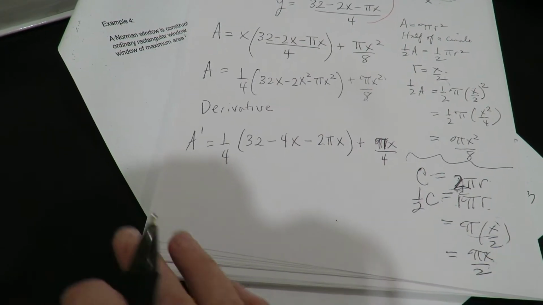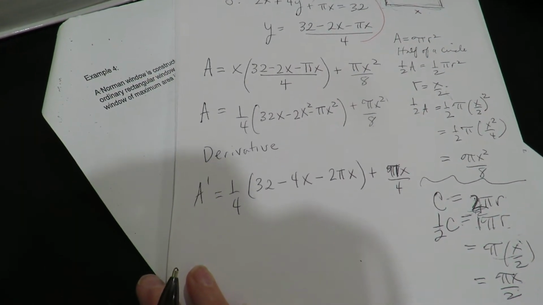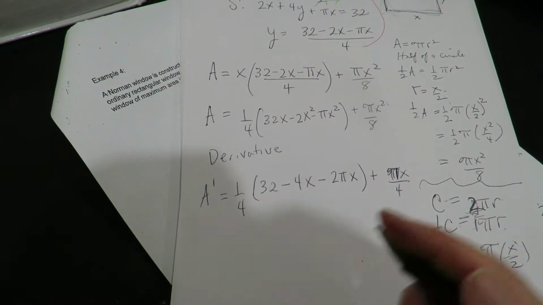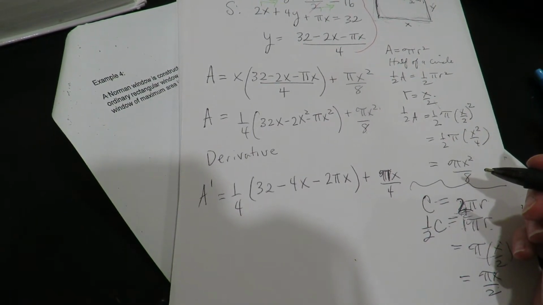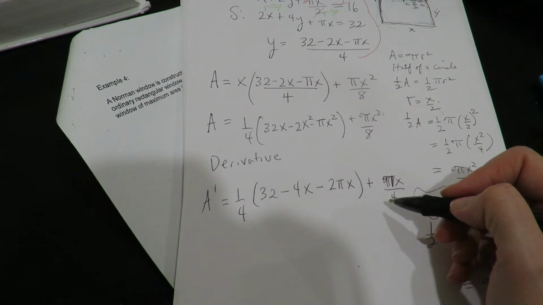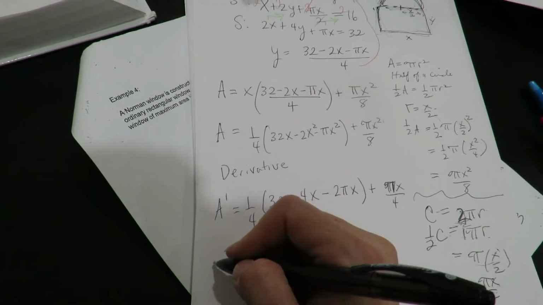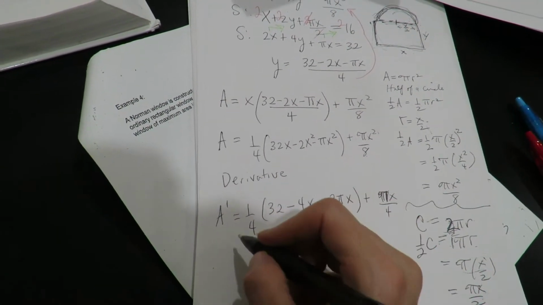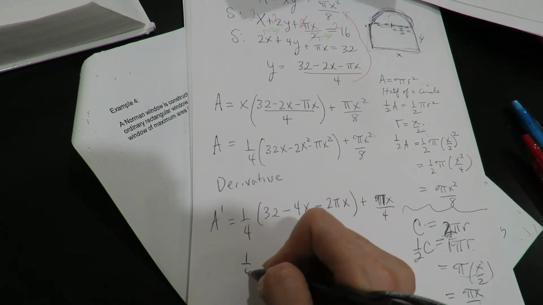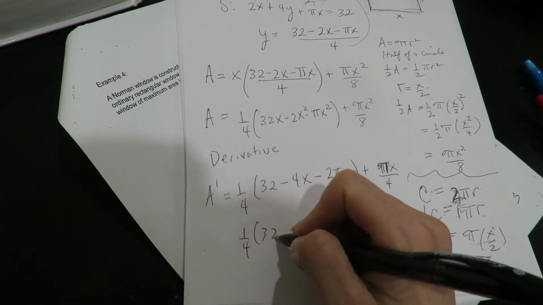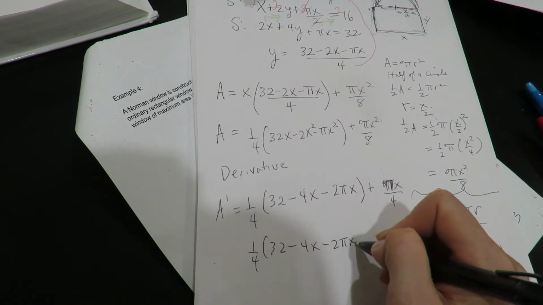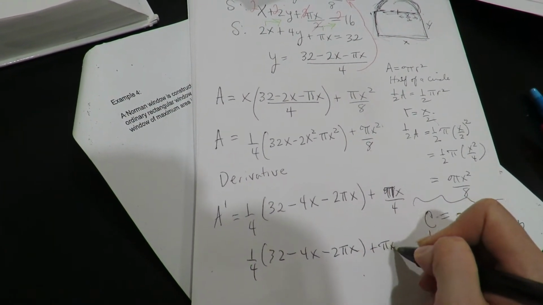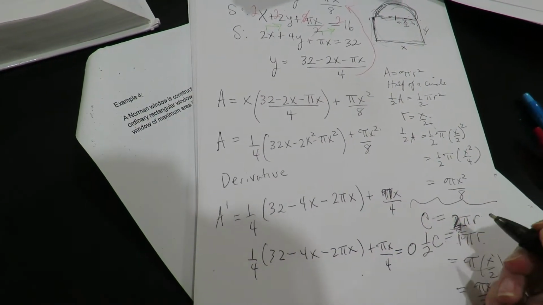We have to solve for the critical numbers now, so we're going to have to fiddle with this. I'm just trying to think what is the best way to do that. We've got to get the x by itself, so we've got to set this equal to 0. So you have 1/4 times 32 minus 4x minus 2 pi x plus pi x over 4 has to equal 0.